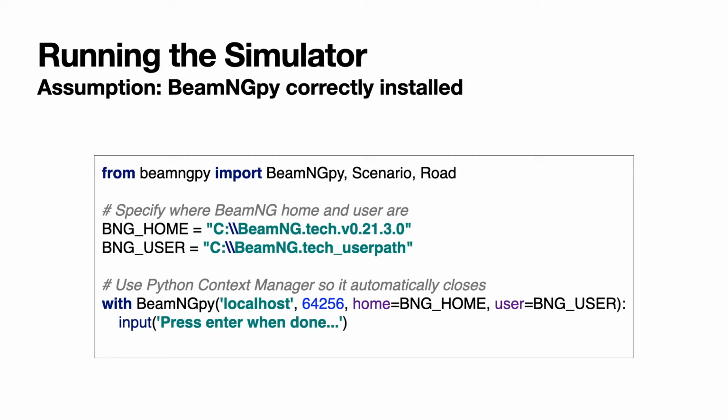In this case, the example is exactly as before, but there is no explicit call to BeamNG.close because this is inside the Python context manager, so this is handled automatically. And this is how we get things running. We assume that we downloaded the simulator, installed the dependencies with Python, and then we can run it.